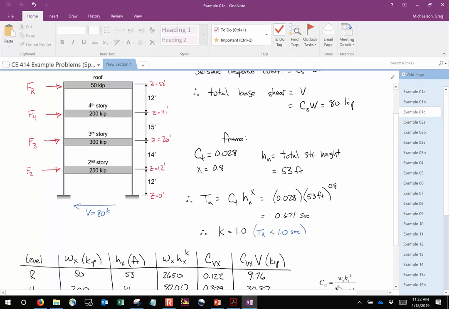Start at the roof, that's 9.76 kips. This is 30.32 kips and whatnot. So break out your RISA or whatever analysis program you want to use, plug it in, and there's your seismic forces. What do you think? It's really not that complicated, is it? Pretty simple.